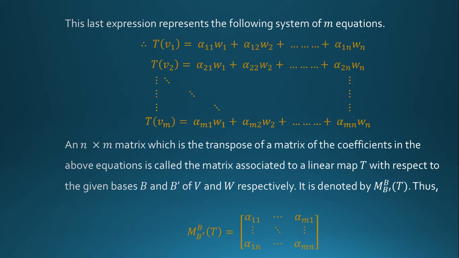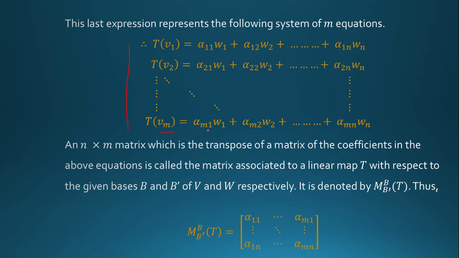Now see the matrix representation, the system of M equations. T of V1 is equal to alpha 11 W1 plus alpha 12 W2 plus up to alpha 1n Wn. Second, T of V2 is equal to this, and T of Vm is equal to alpha m1 W1 plus alpha m2 W2 plus up to alpha mn Wn.